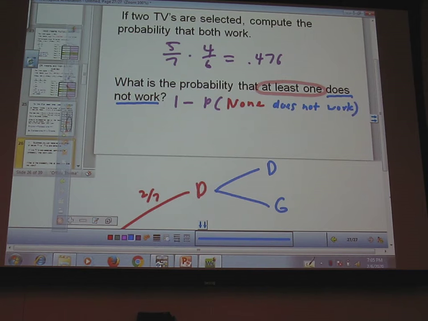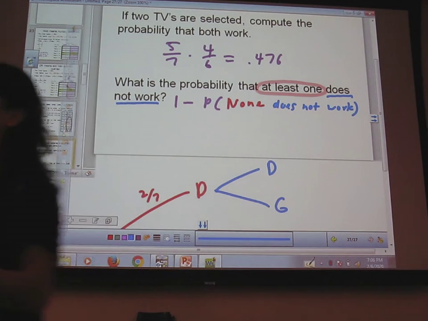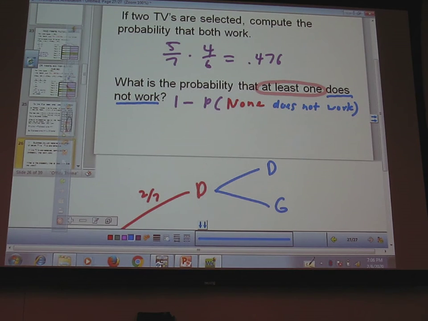Then, you have to think about it. If none do not work, what does that mean? They've all worked. Does that make sense? Yeah. And you have to go through that whole thing of like, what the heck? None don't work.